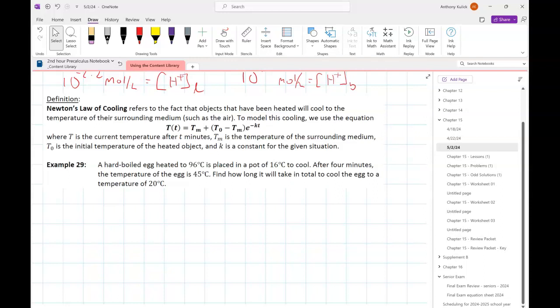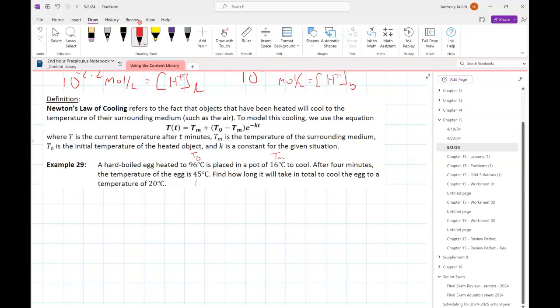All right, so let's start here. We know this is a cooling situation because it talked about this egg cooling down, right? So we know the formula to use. This T naught is our initial temperature. This 16 is the temperature of the medium because we're dunking it in that water.